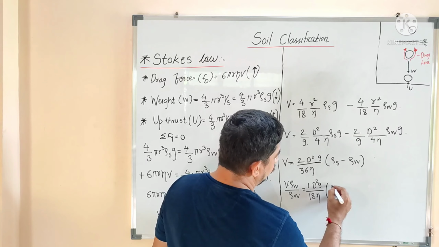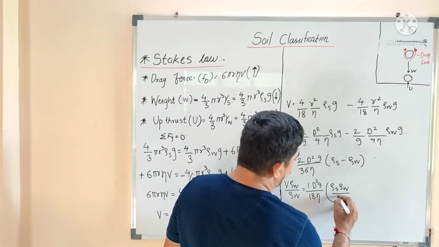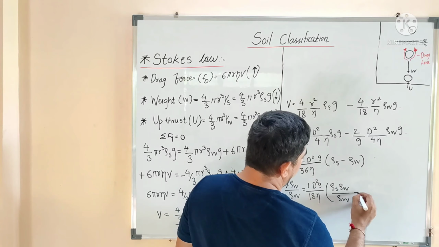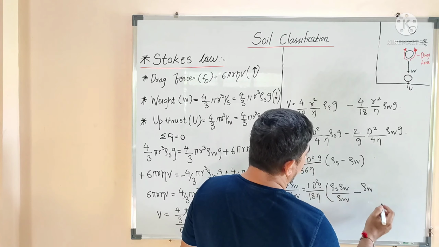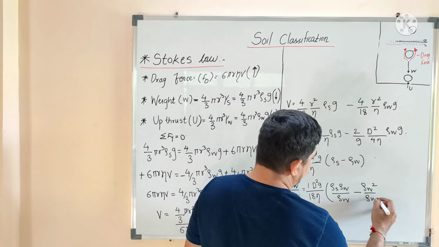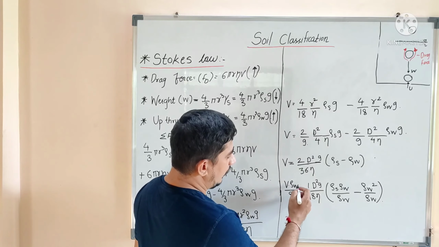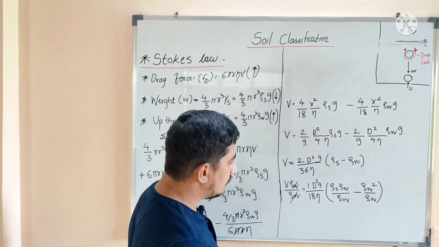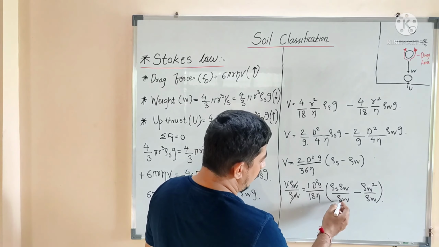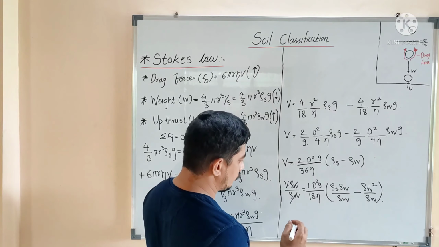Okay, so rho s multiplied by rho w divided by rho w minus rho w square divided by rho w. So this rho w and this rho w get cancelled.